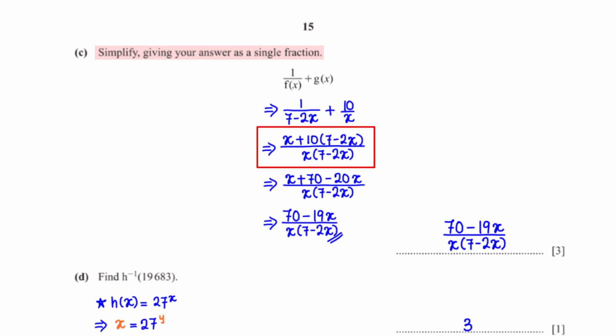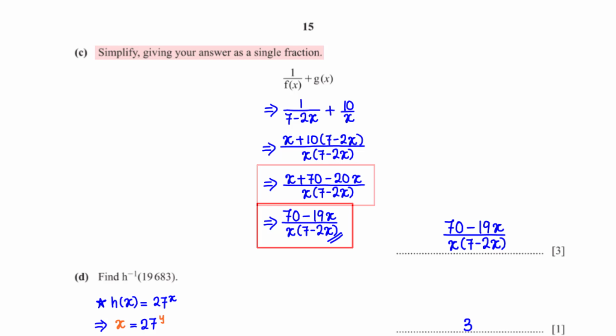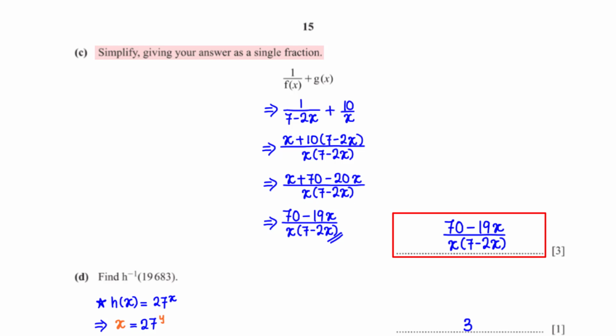X goes into the LCM and we are left with 7 minus 2x, which multiplies the numerator to give us 10 times 7 minus 2x. For the numerator, when we expand the brackets, 10 times 7 is 70 and 10 times negative 2x is negative 20x. X minus 20x is negative 19x, and so our final answer here is 70 minus 19x over x times 7 minus 2x.